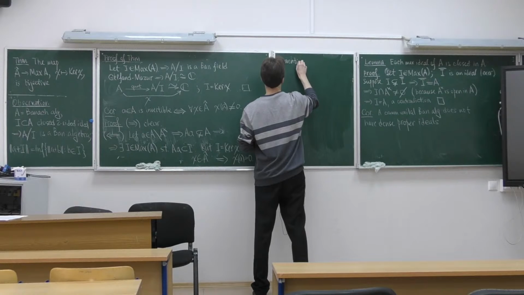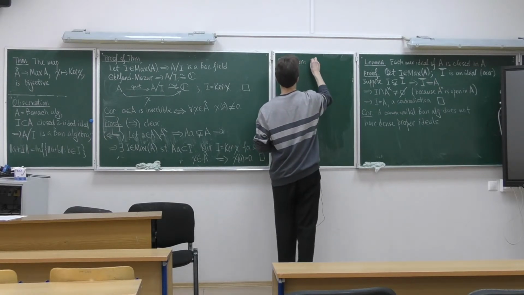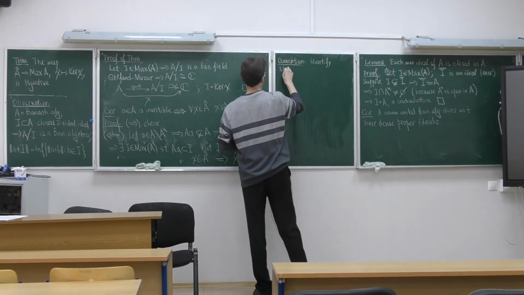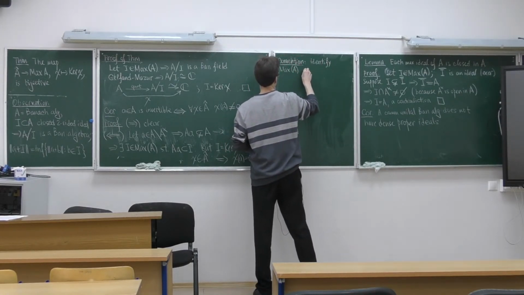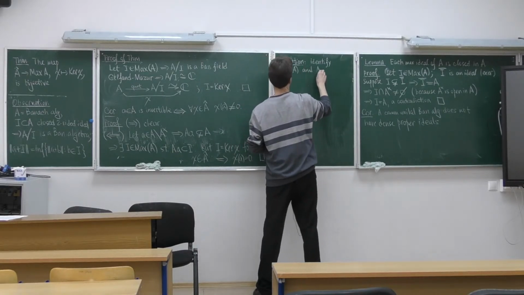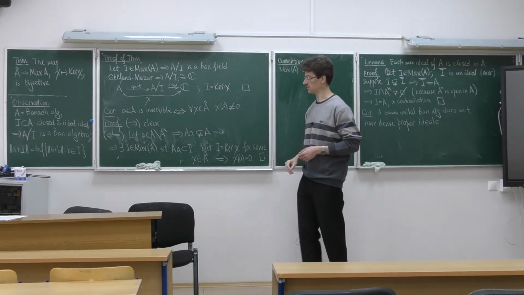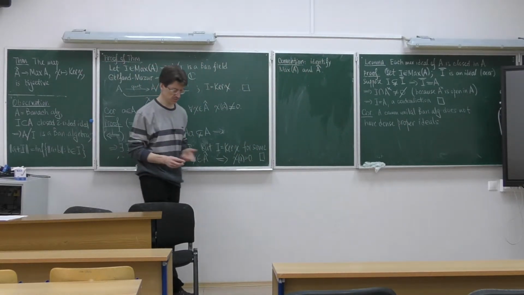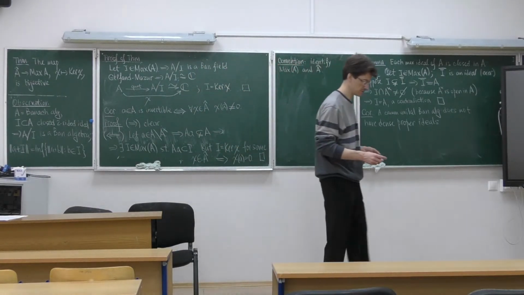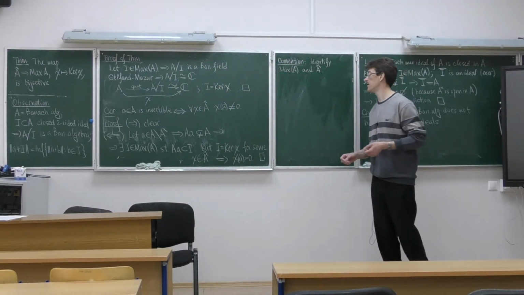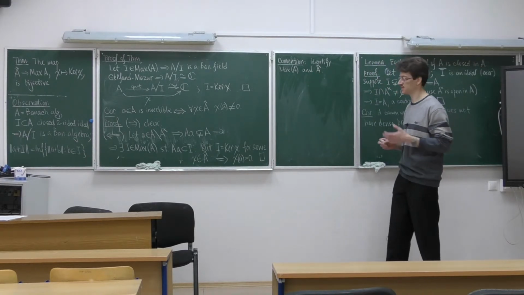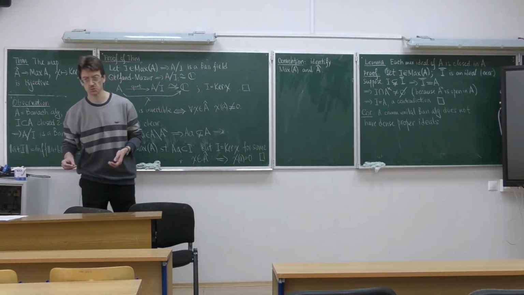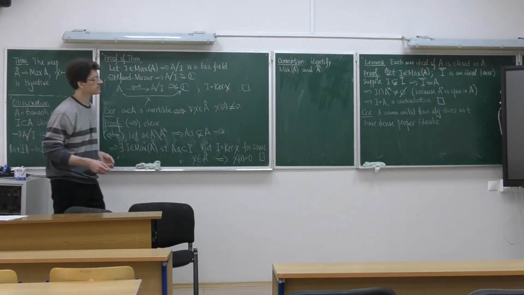From now on, let's identify the maximal spectrum and A hat by means of this canonical projection. This is quite convenient because in some situations it is more convenient to think of the elements of the set as maximal ideals, but in other situations it would be more convenient to look at them as characters.